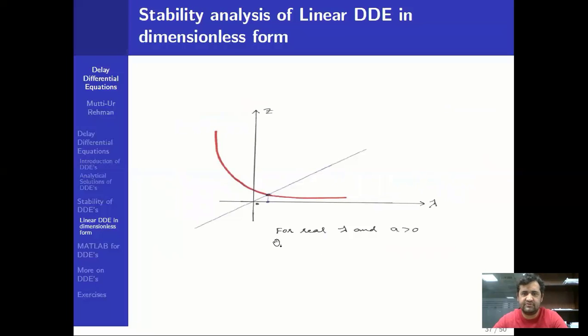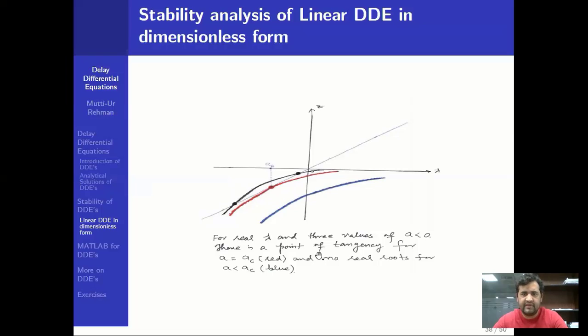So, for instance, you see here, if lambda is real and A is positive, then between Z equal to lambda and this exponential, we will get a point of intersection over here.